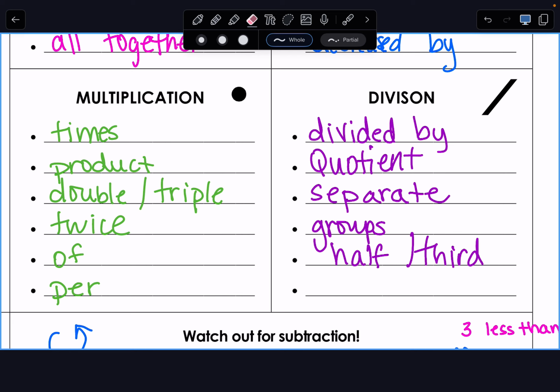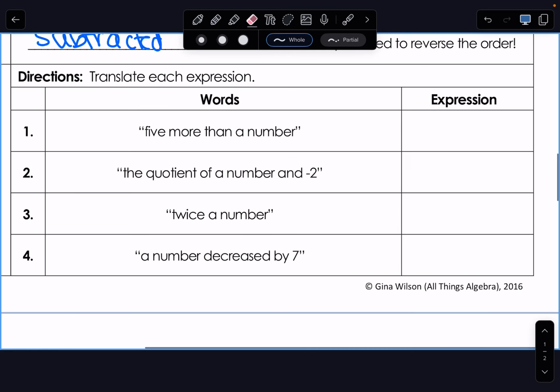Okay. So our goal today is to be able to take a sentence and write down what it means mathematically. Okay? All right. So we're going to come down here.